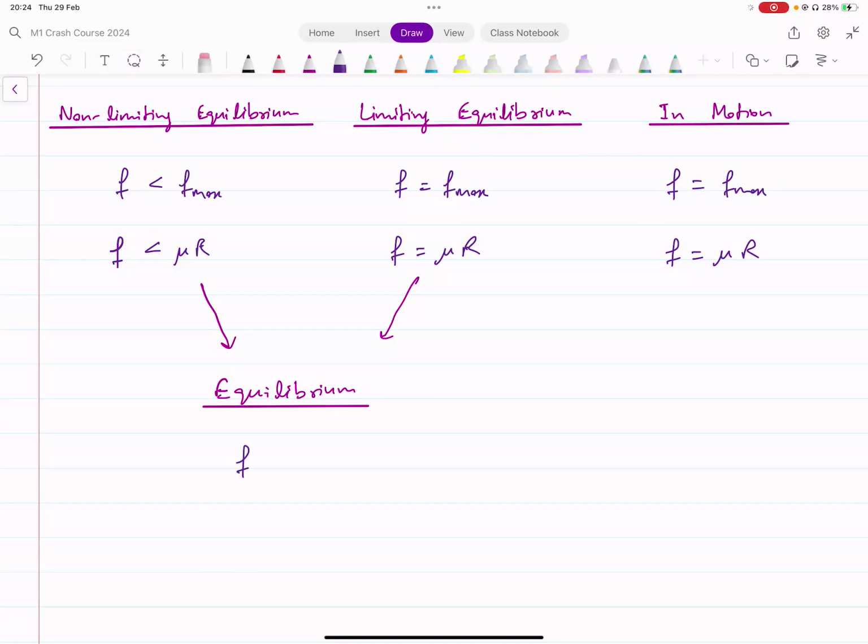You can say friction is either going to be less than mu R or going to be equal to mu R. So we'll say this is less than or equal to mu R. It's one of those two cases. Is that okay?